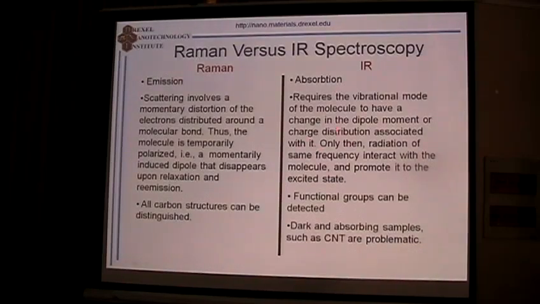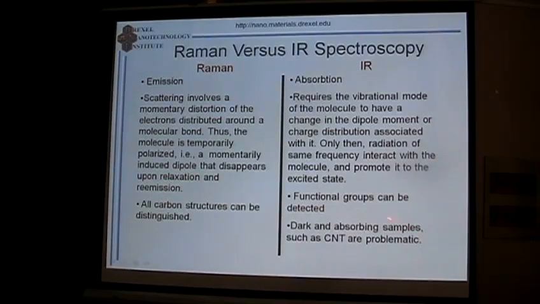In the case of IR spectroscopy, a change in dipole moment is involved. So, some other functional groups, some other bonds will give you a much better IR signature. For example, diamond will give you a strong Raman peak, but no IR peak, it won't absorb in IR at all. But if you are looking for carbonyl bonds, oxygen on the surface of carbon materials, then IR is a much better tool compared to Raman, where it's difficult to find this peak because the signal will be very small.